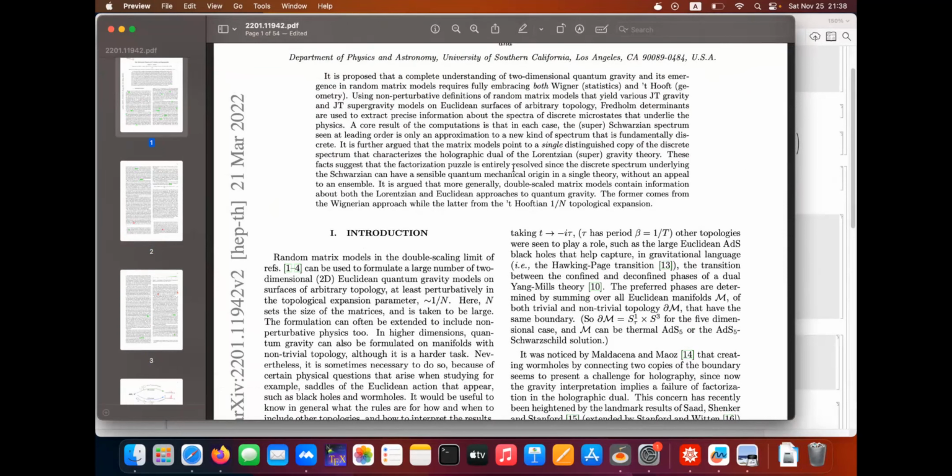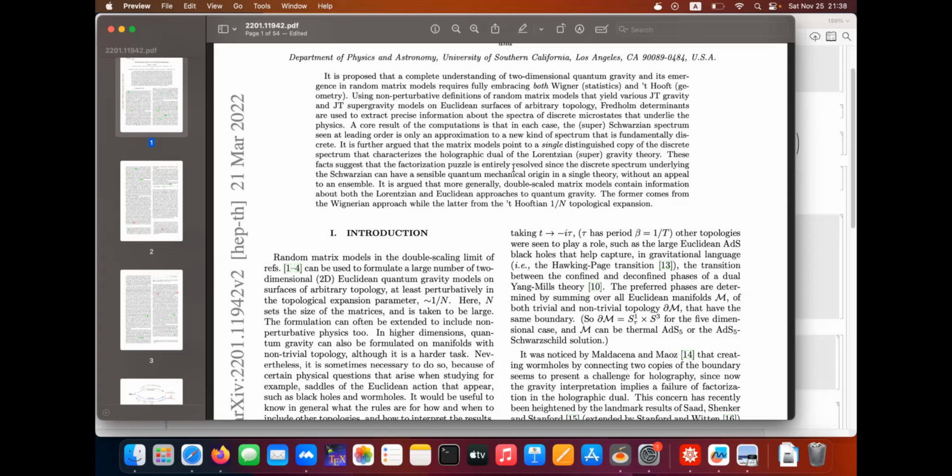We know that for JT gravity, we calculated its partition function Z(beta), and we found that it corresponds to a sum over all Riemann surfaces with an asymptotic boundary which has length beta.